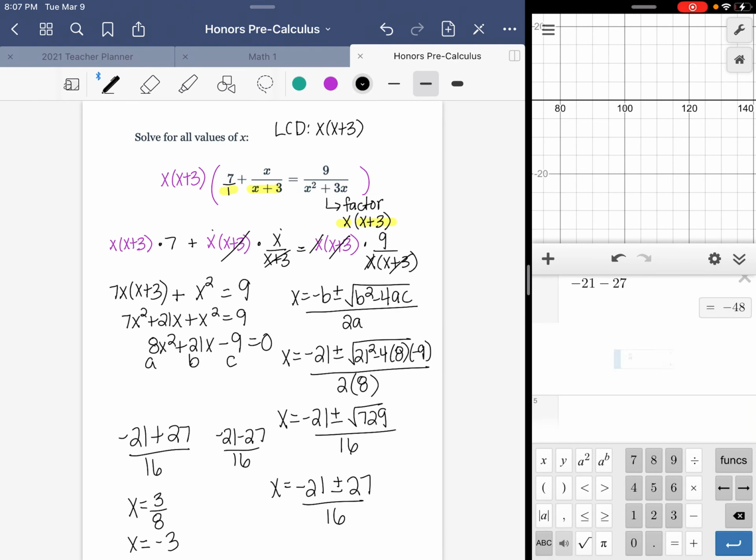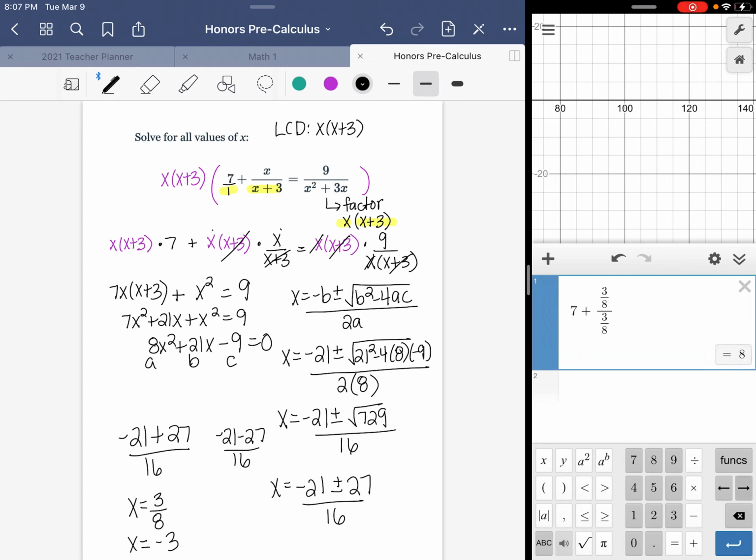And again, I would need to check this to make sure that both of my roots are real roots and they're not extraneous roots. So I'm going to start with negative 3. So negative 3 plus 3 on the bottom, and we can see that that is actually going to be undefined. So there's no way that those two pieces are going to be equal to each other. So now if I do the 3/8, I'm going to go ahead and do the division here.